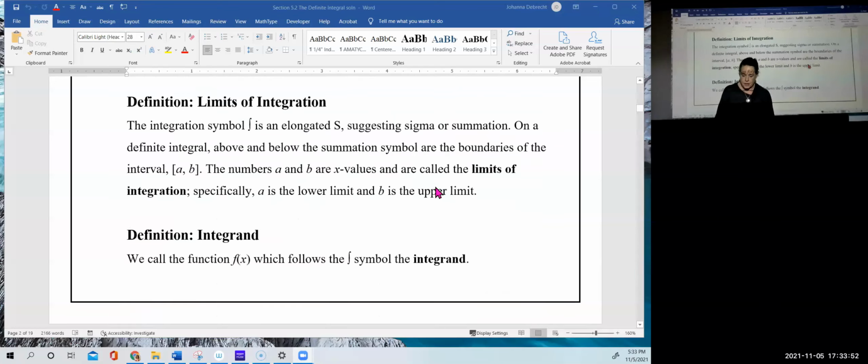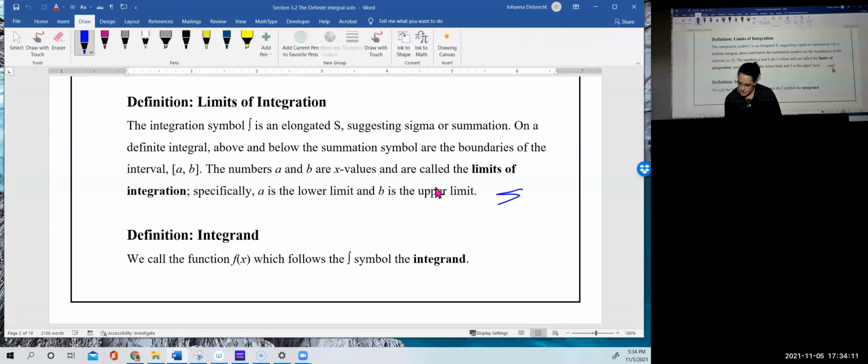You can think about the integral symbol as an elongated S, and that is where it comes from. It represents sigma, or the summation symbol that we used in the Riemann sums to add all the areas together. They just took the S and elongated it. So remember, the sigma symbol looks like this. So this somehow got translated into this long S-type object.